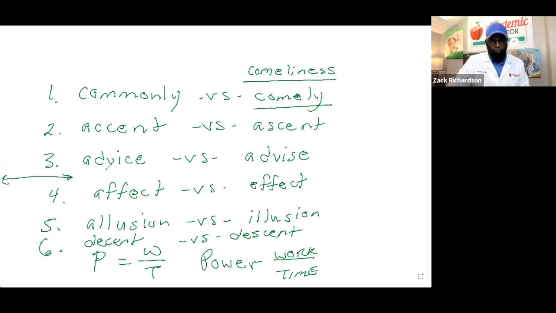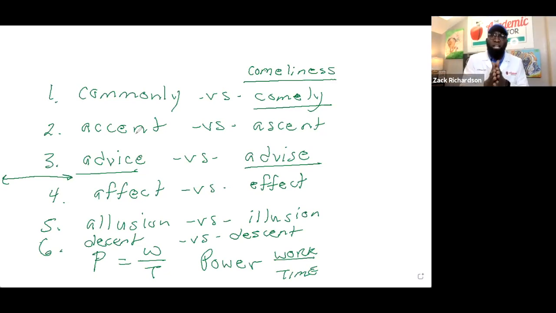Number 3 is the one that gets most people in trouble. Advice, advise. Okay, here we go. Advice is opinion given as to what to do or how to handle something. Again, advice is opinion given as to what to do or how to handle a situation.